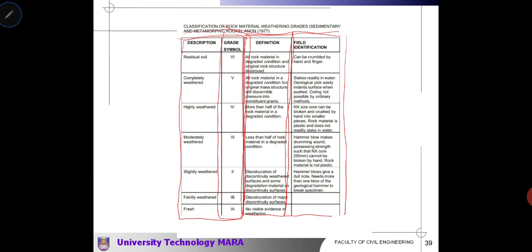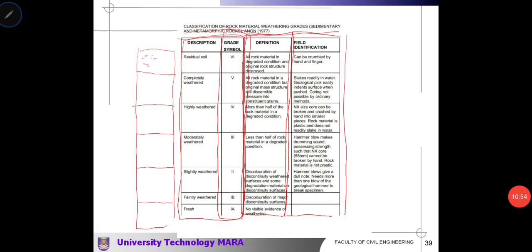So the way you explain, you can explain using words like this, and of course you can use drawings to define what the grade is all about. So you can add another table for this particular example. You can draw all the dots, which is actually 100% weathered rock, so you have more soil.